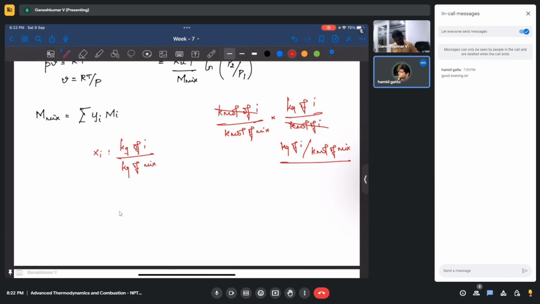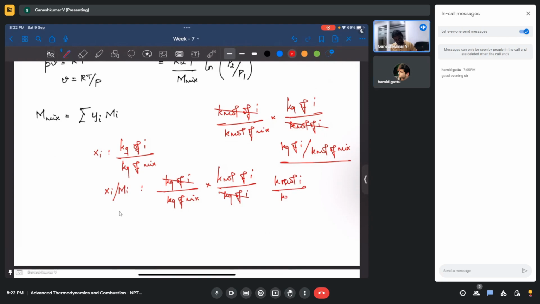So let's say if you multiply xi with the molecular weight of I, or rather divide by molecular weight of I, kg of I by kg of mixture, divided by kg of I by kilomole of I, you will get kilomole of I by kg of mixture.